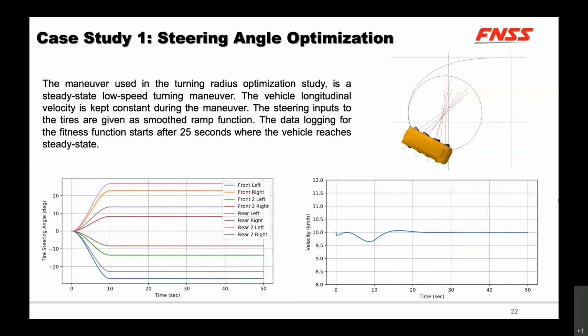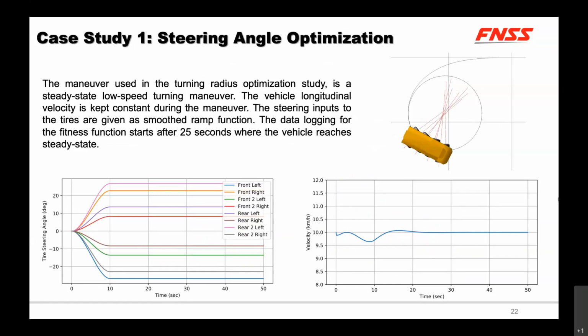In the simulations we are running, we are using 8 parameters. These parameters are the steering angles of the tires. These are the values of the motion. We are giving them to our model as a smoothed ramp function to prevent any instabilities in the model.